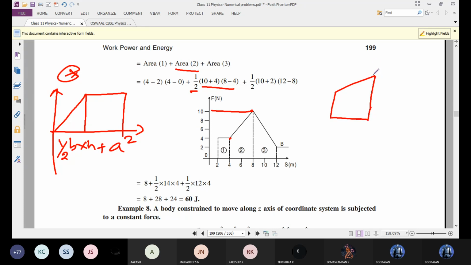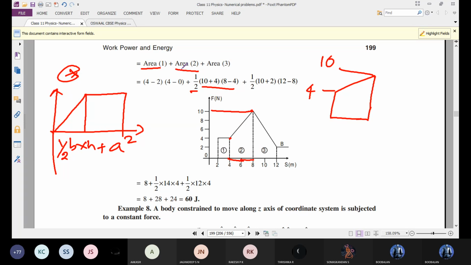So the maximum value is 10, and in this corner the value is 4. So you should add 10 plus 4. The height value you can add in this method, 10 plus 4, into the difference only in this particular interval, 8 minus 4. That is the next step.